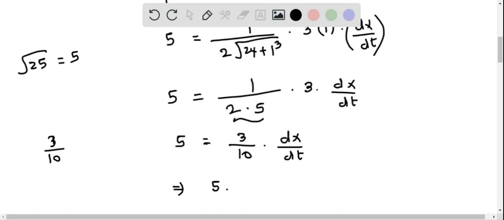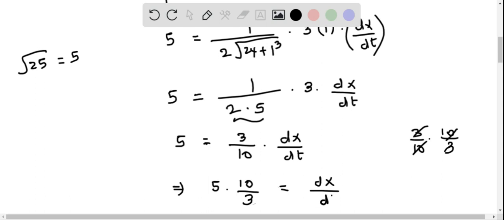So when we do that, we get 5 times of 3 tenths, and this equals, if we multiply 3 tenths, I'm sorry, we have to multiply with 10 thirds. It's not 3 tenths. We multiply with 10 thirds. So 10 thirds. And when we multiply 3 tenths with 10 thirds, this will get cancelled. So basically, on the right side, we will have only dx over dt.